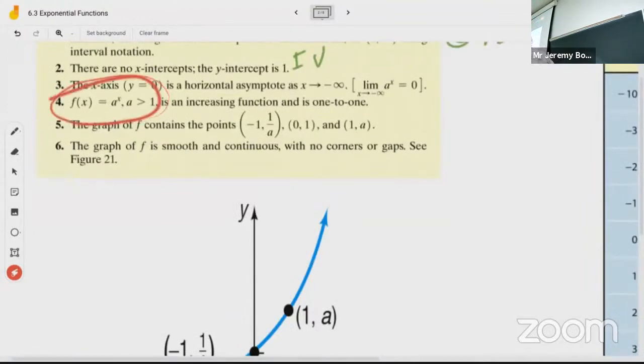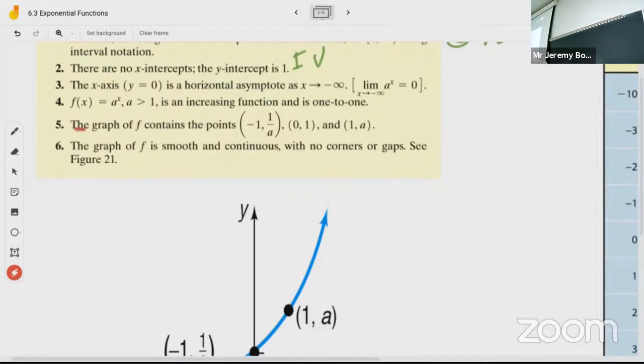This is important. F of x is equal to a to the x when a is greater than 1 is an increasing function, exponential growth, it's increasing, and is 1 to 1. That's going to be important when we get to 6.4. It's a 1 to 1 function. Remember, if a function is always increasing, it's going to be 1 to 1. If it's always decreasing, it's also 1 to 1.